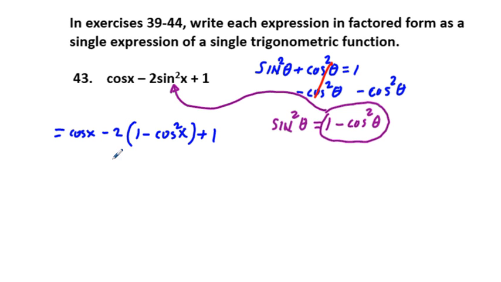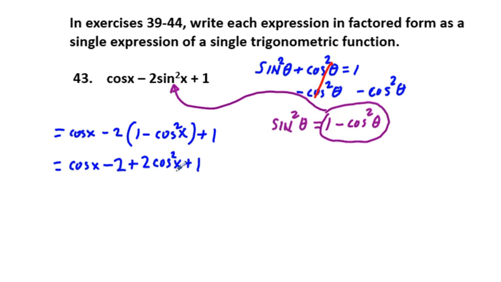And distributing, let me just bring cosine x down, distributing the 2 inside the parentheses, we're going to have minus 2, and then minus negative 2 times negative cosine squared x is going to be plus 2 cosine squared x plus 1.